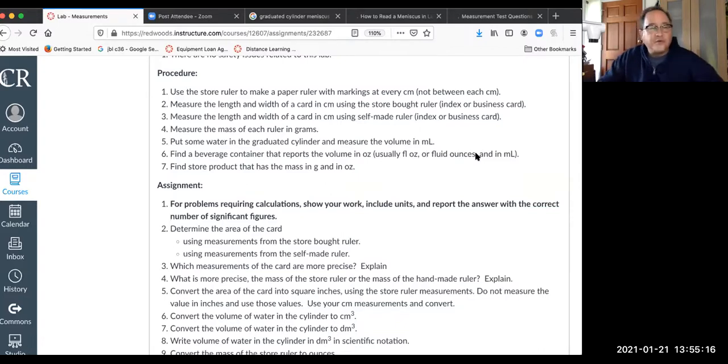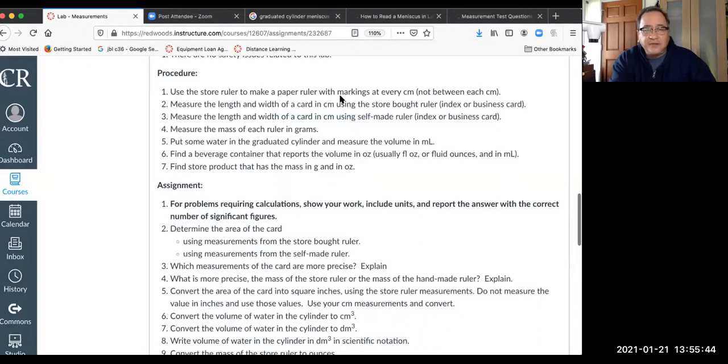Now, number three, is there any data to collect? And the answer is yes, the width and the length of the card. How might you write this data up in your lab notebook?